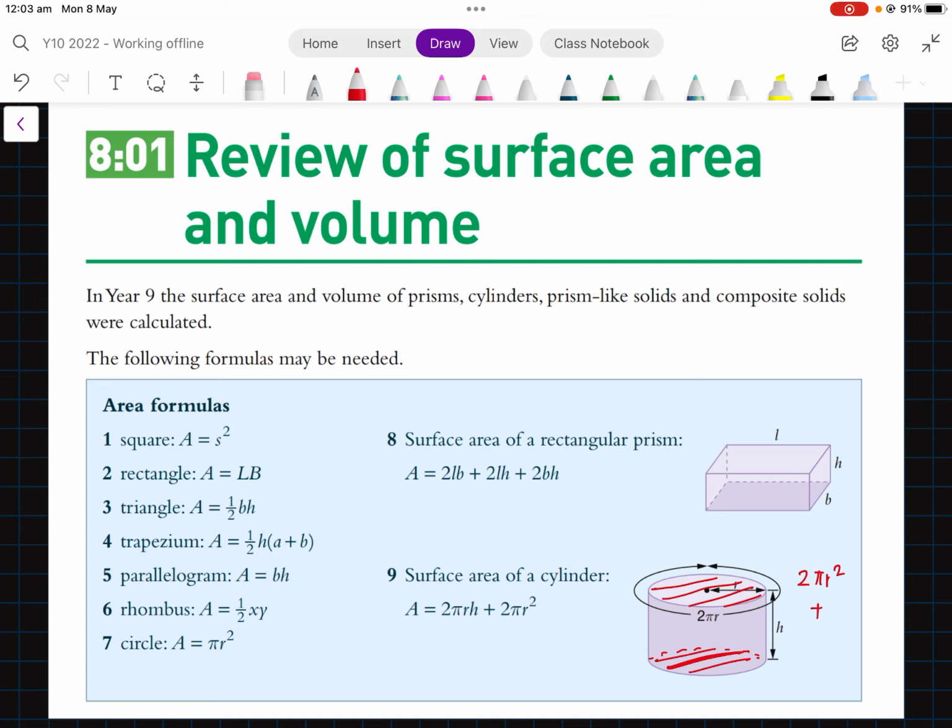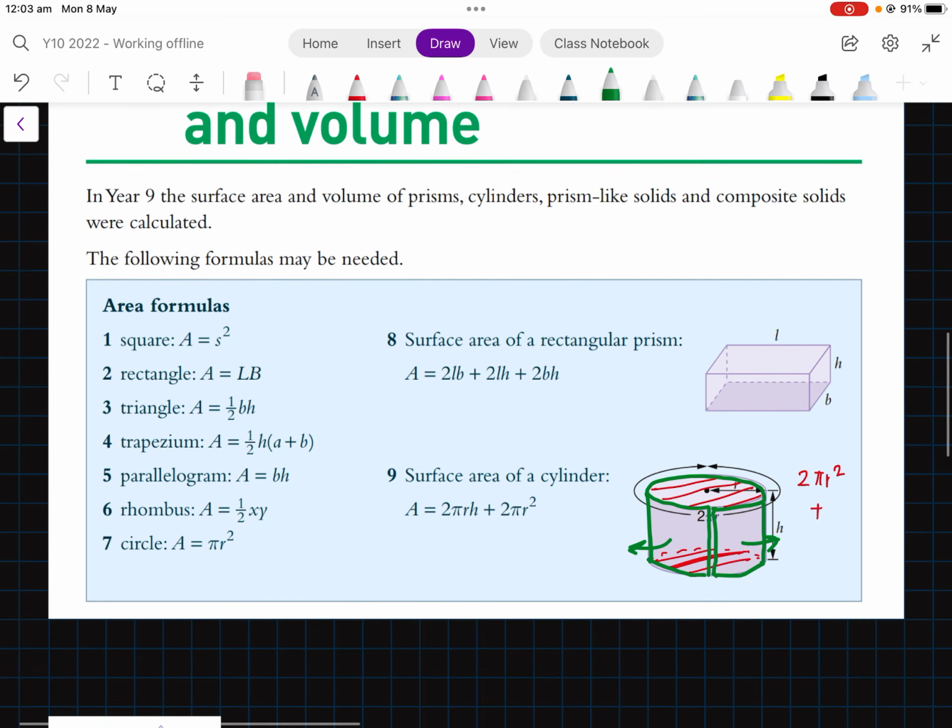Plus, we need to visualize this rectangular section which is wrapped around the cylinder. So this section which I have just drawn, it's a wrap around on the two circular discs on the end. Once you unwrap these, you will end up getting a rectangle.